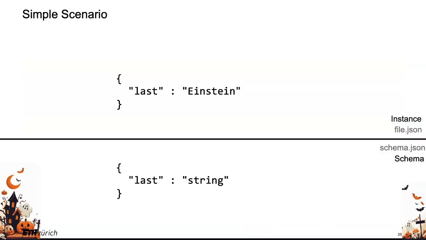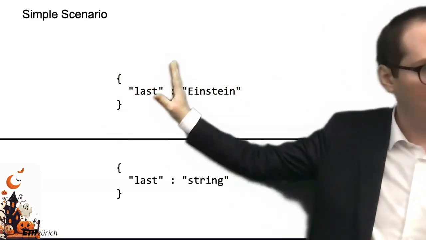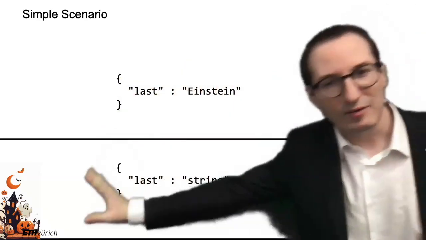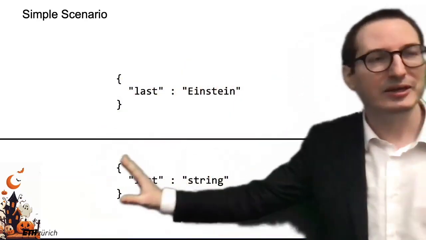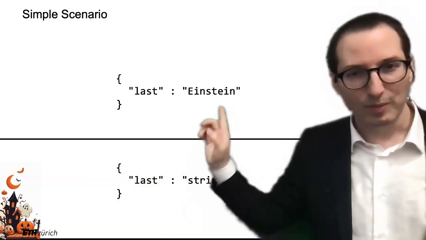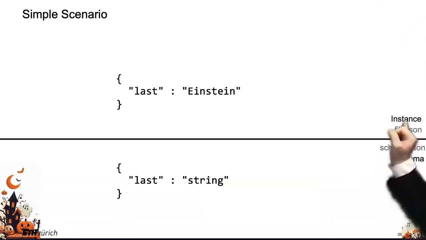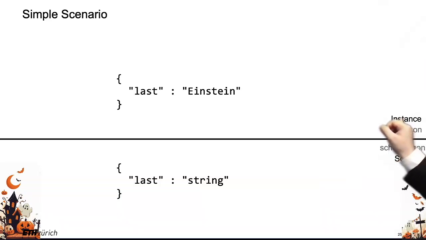The idea on every screen that I'm going to show you is that I'm going to have the actual JSON or XML right here on the upper side. And I'm going to have the schema that gives me the constraints below. Now a bit of terminology. This is called a schema. This one is called an instance, right?